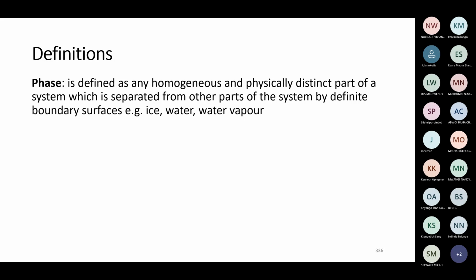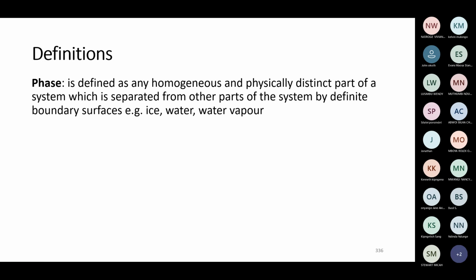So for example, we can consider a system of ice, water, and water vapor. So here, these are all forms of one thing, water: liquid water, ice, and water vapor.